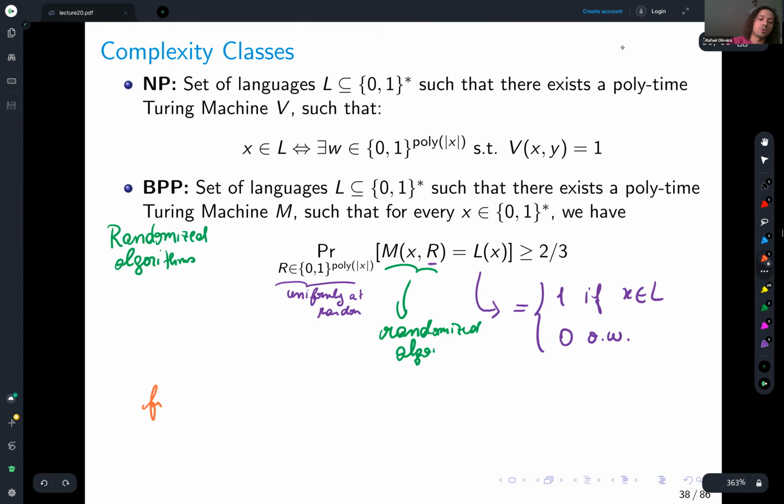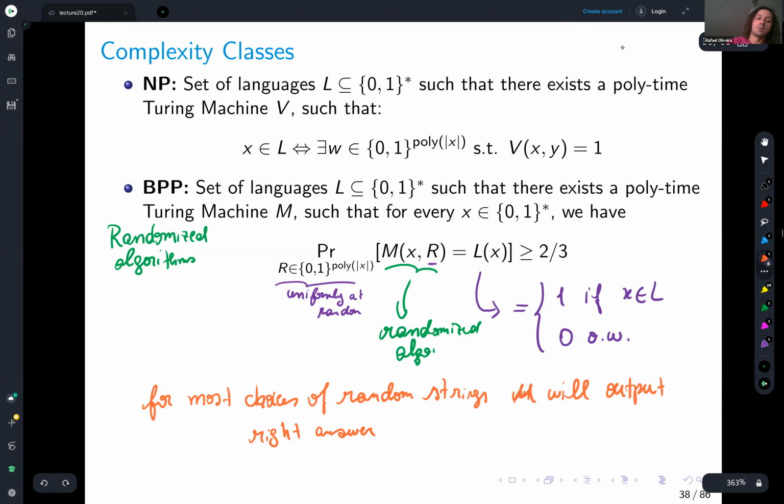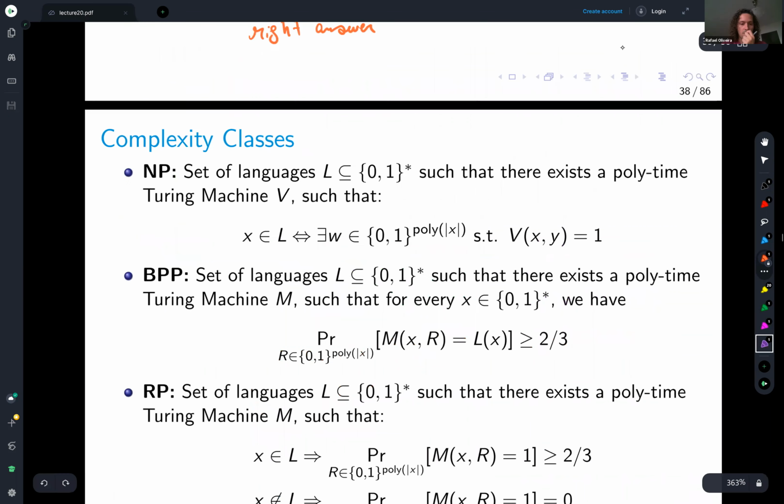For most choices of random strings, M will output the right answer. Right? So that's the complexity class that characterizes randomized algorithms.